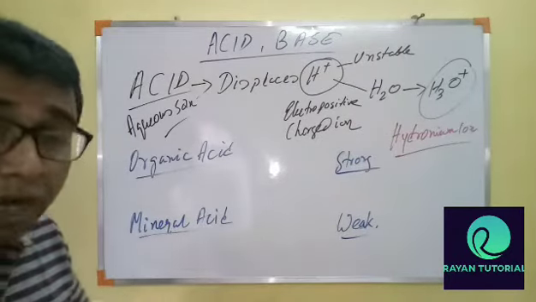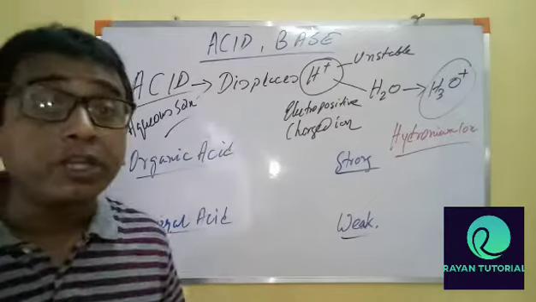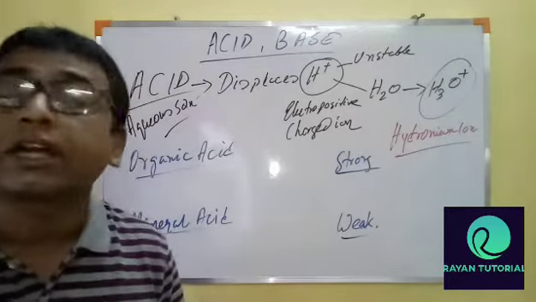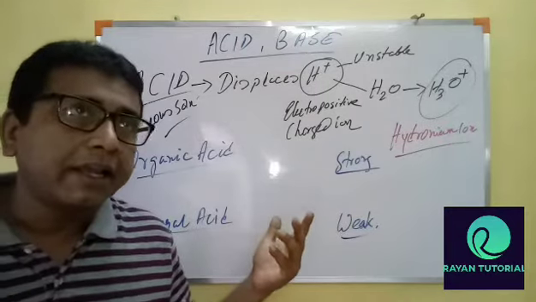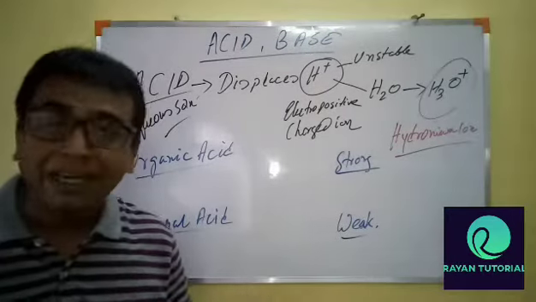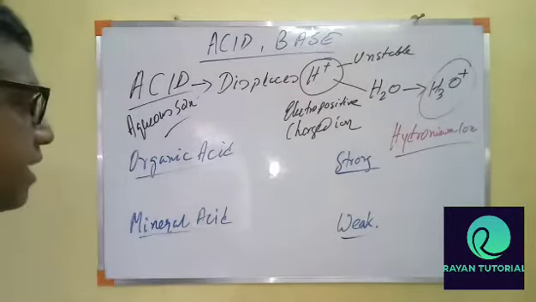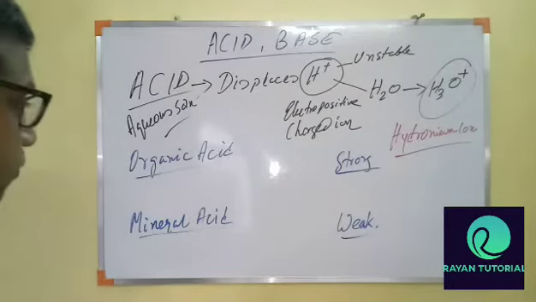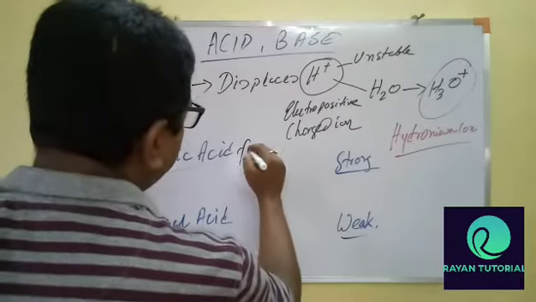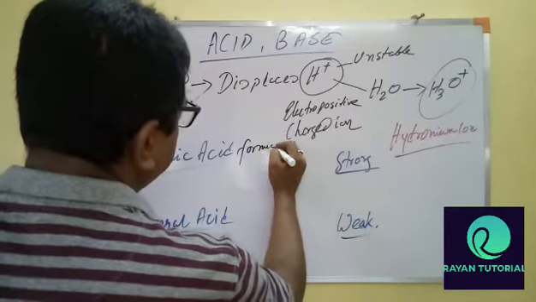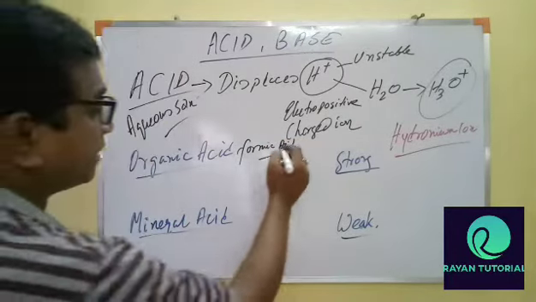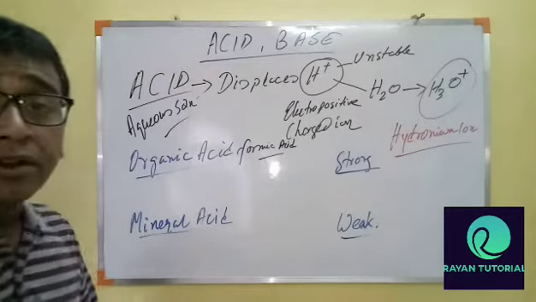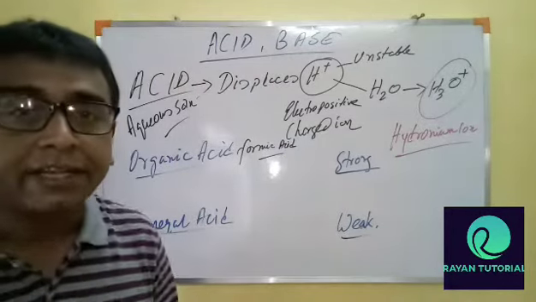Now organic acid means acid which we get from living organisms like plants and animals. Suppose formic acid: we get it from the sting of the ant.